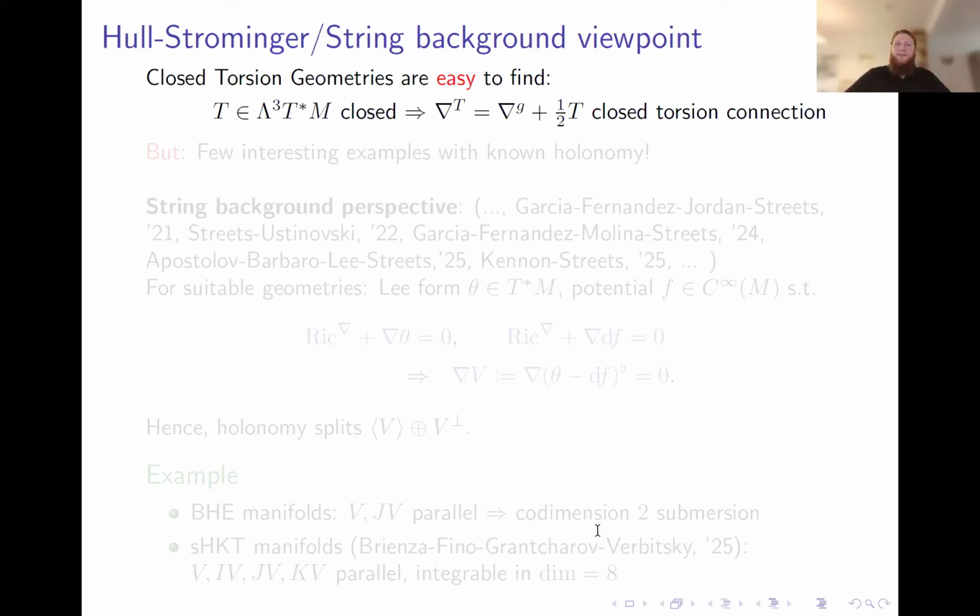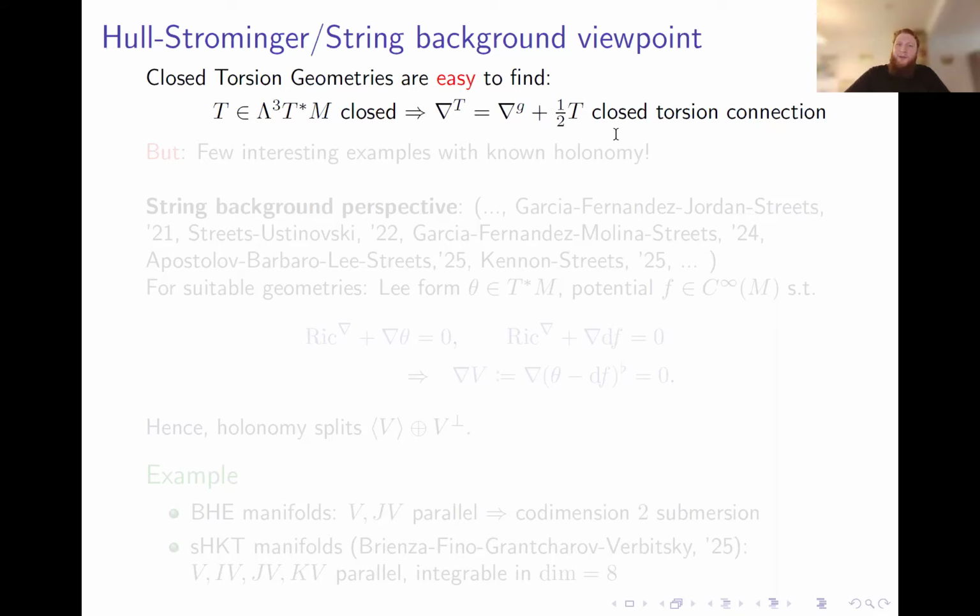And the first thing seems kind of promising. Closed torsion geometries are easy to find. You take a closed three-form, you add it to your Levi-Civita connection, and there you go. You have a closed torsion connection and a closed torsion geometry. So they're easy to find.